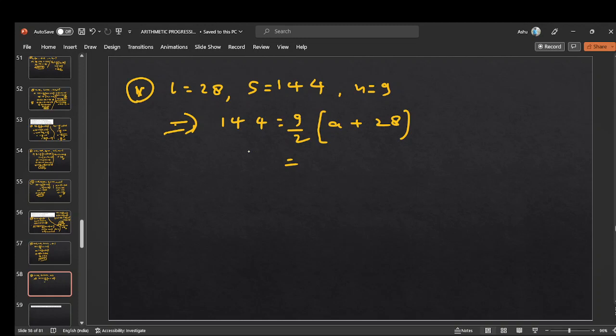Now here we multiply it, but we should 144 upon 9 into 2, here a plus 28. Clear? Now here we can simplify it.